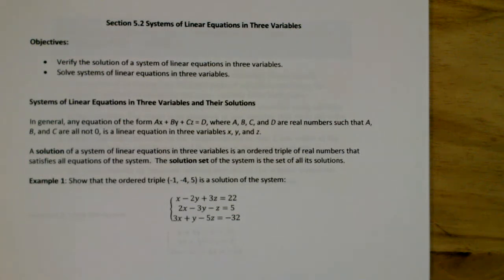So let's start off with example number 1. In this case here, we want to show that the ordered triple -1, -4, 5 is a solution of the system. So we need to verify all three variables by substituting the x, y, and z with those values.